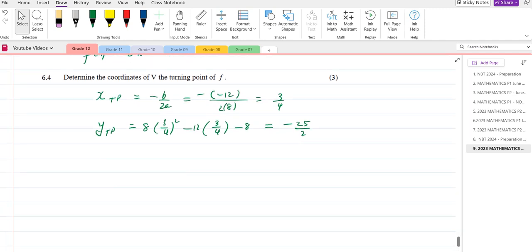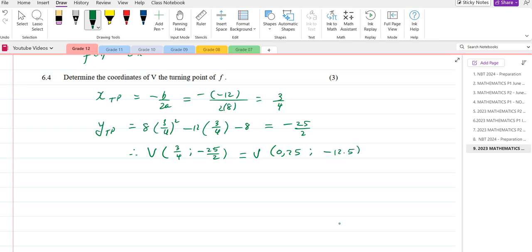I hope you guys are understanding. Right, so what's the turning point of f? Therefore it is 3/4 and minus 25 over 2, which is the same thing as 0.75 and minus 12.5. I hope you guys understood that.